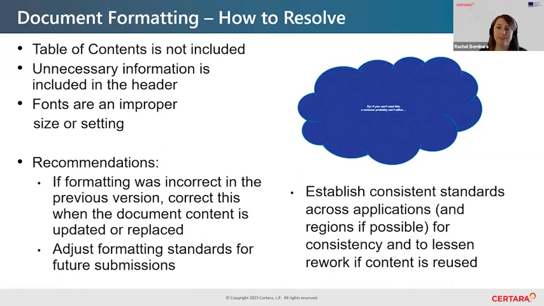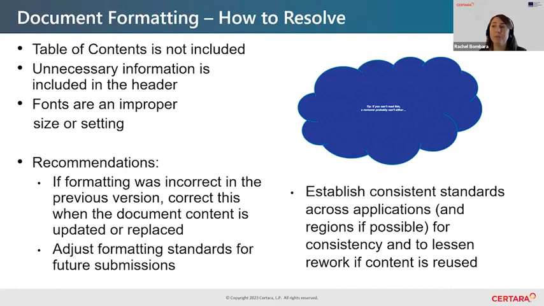So how to resolve if there were issues with the formatting? Well, if any updates to the content of a document are going to be made, this could be a good opportunity to correct those previous formatting errors. Say in a newer version, a table of contents could be included. That would help with navigation.